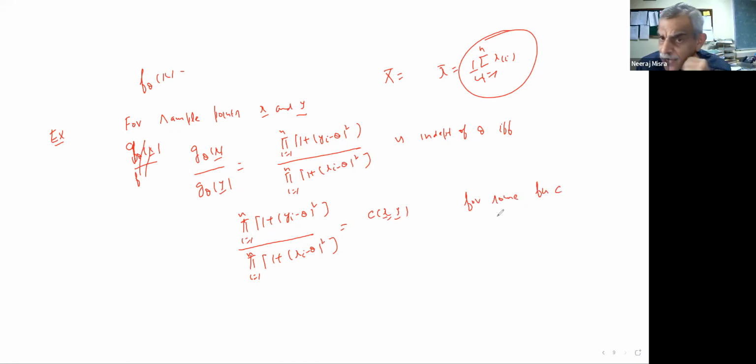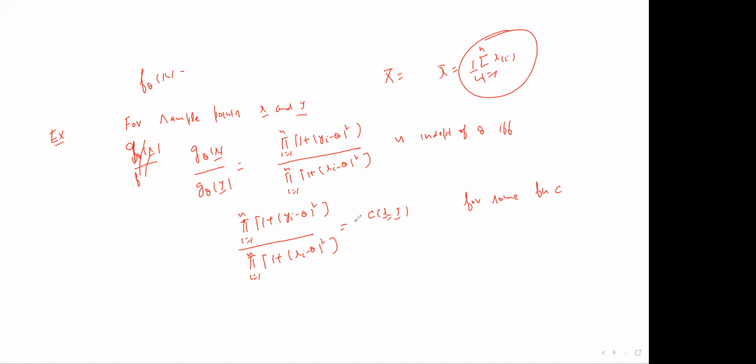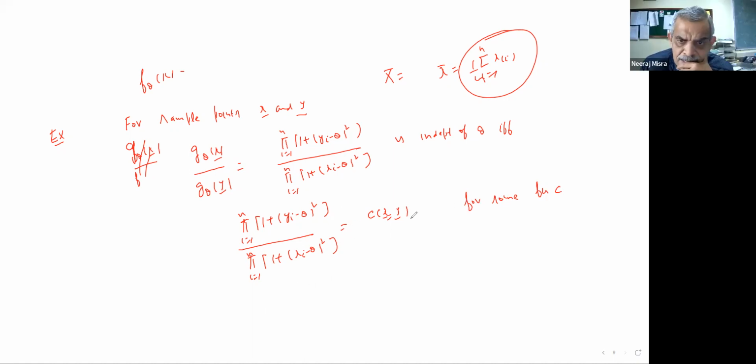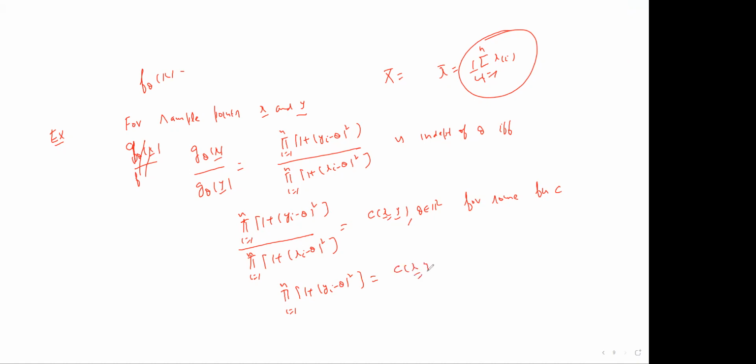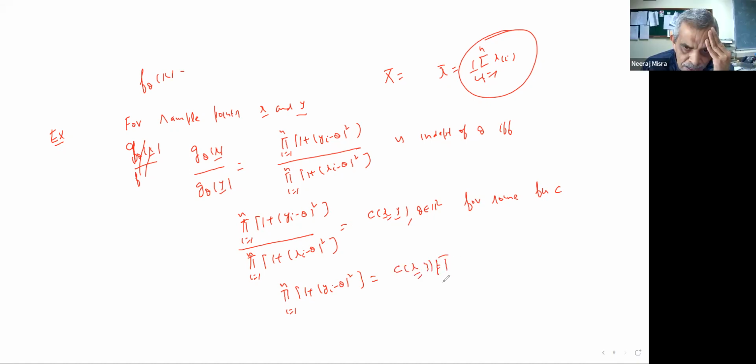Is that okay? Because it should be independent of theta, that means the product i equal to 1 to n of 1 plus yi minus theta whole square is the same as c(x,y) times the product i equal to 1 to n of 1 plus xi minus theta whole square, for every theta belonging to minus infinity to infinity.